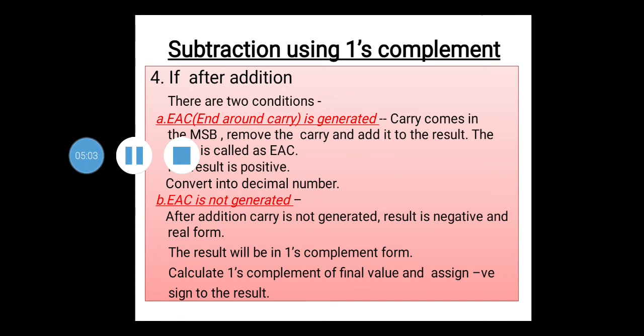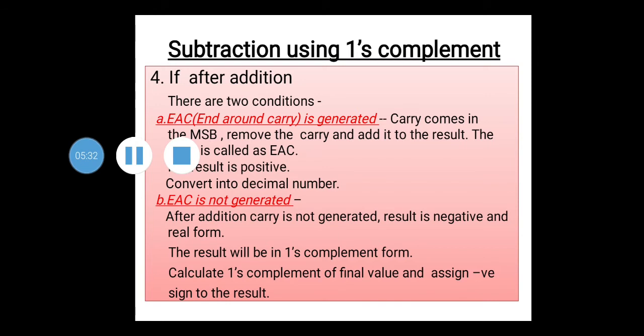After that you are going to do the binary addition, and after addition you are going to check two conditions. After addition, if you get a carry, this is the extra bit which we have already done, this carry is called the end around carry.